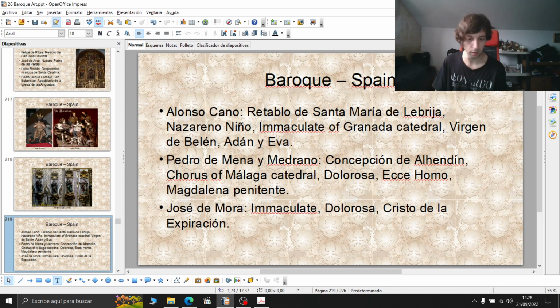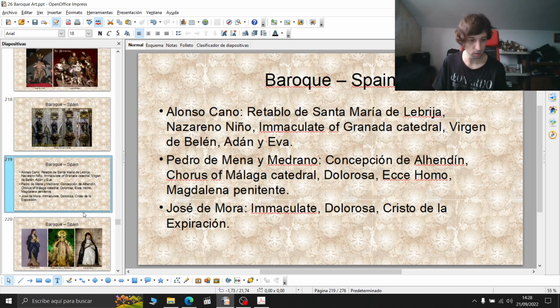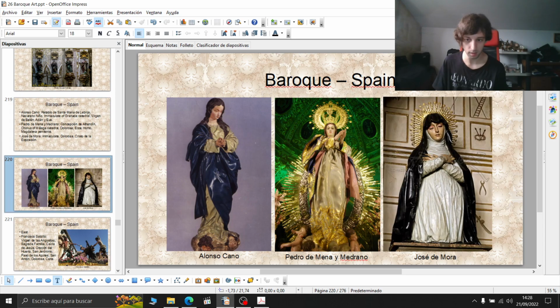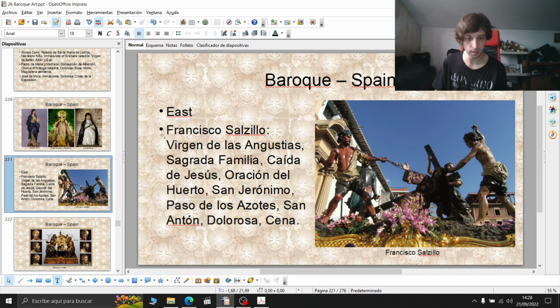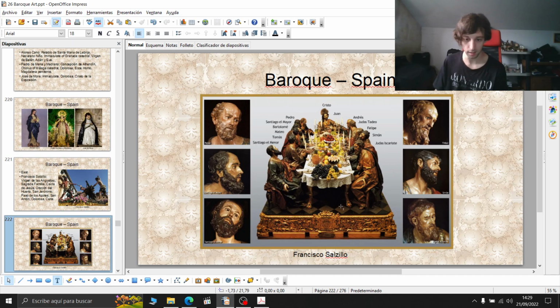Alonso Cano, Pedro de Mena y Medrano, and José de Mora. Here more virgins. Then in the east, it is Francisco Salcillo, and here the processions, it's kind of a festival, and they take the sculptures in procession, and the sculptures are about the crucifixion of Christ. This is the Last Supper.